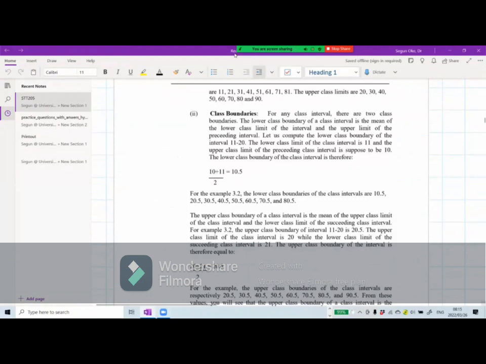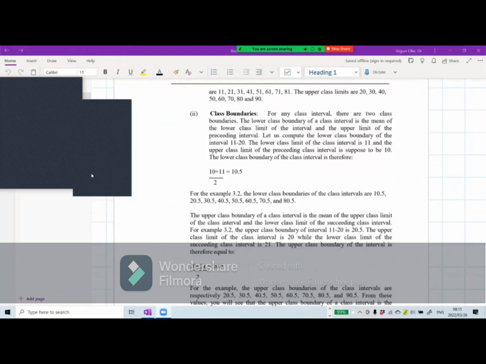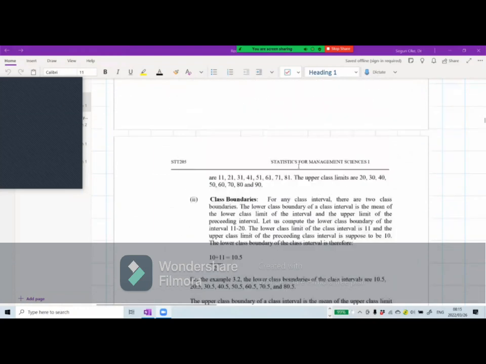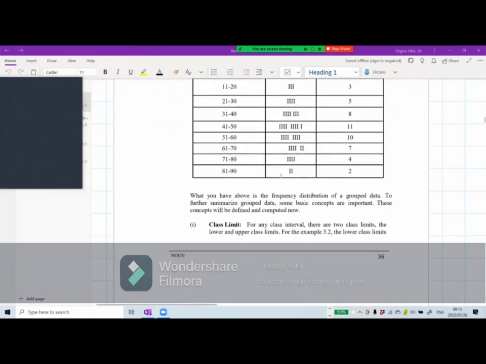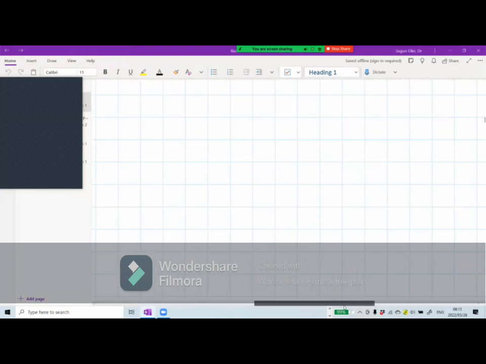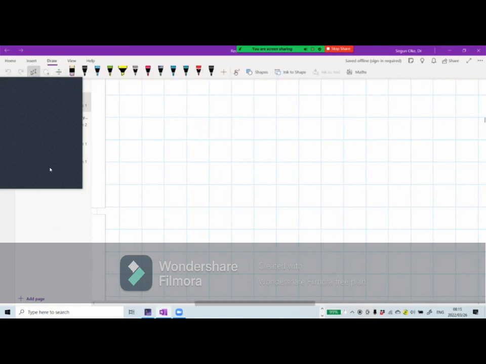Under the material, there are different things we need to know. The last time we covered this area, we stopped at the tally. Now we move into class limits.